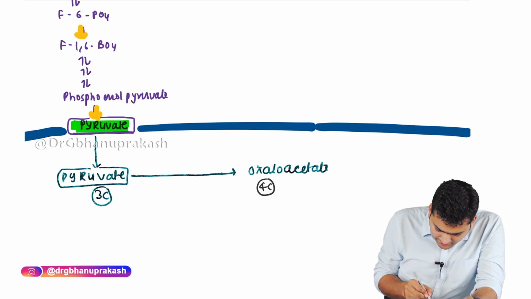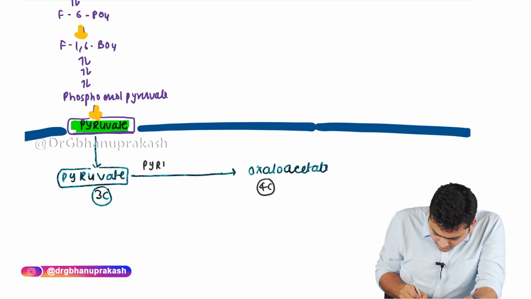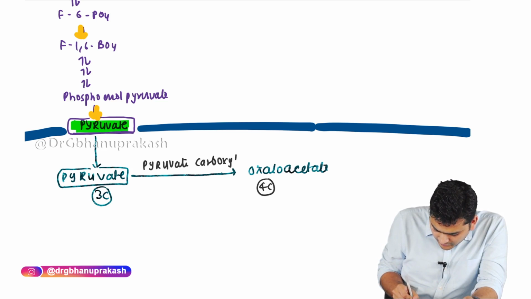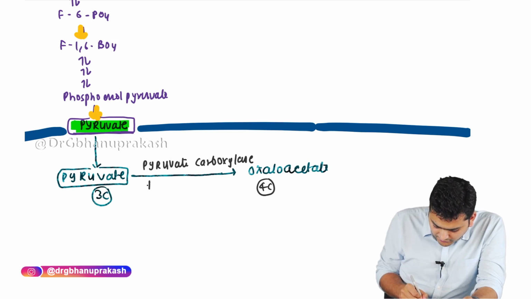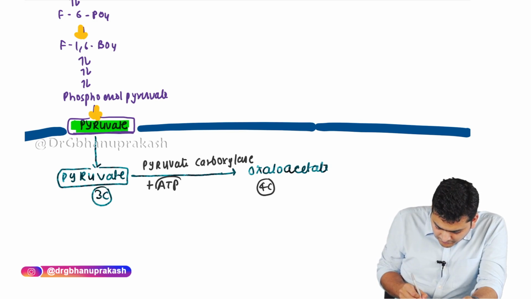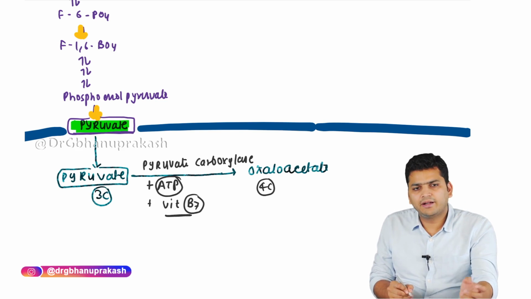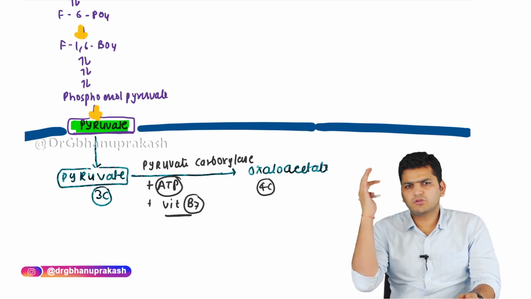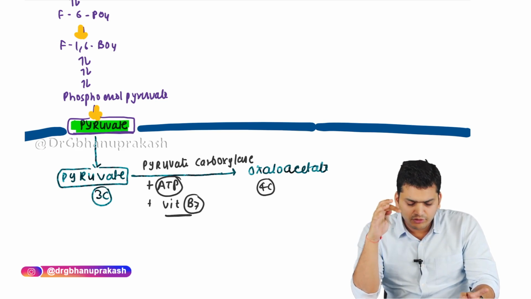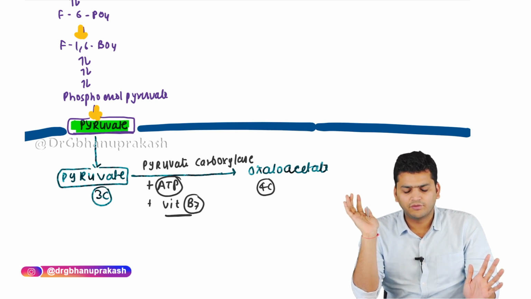So the name of the enzyme is pyruvate carboxylase. This pyruvate carboxylase requires energy as well as vitamin B7. The name of vitamin B7 is biotin, which helps in carboxylation. Decarboxylation needs vitamin B6. Here we are doing carboxylation, so we require B7.